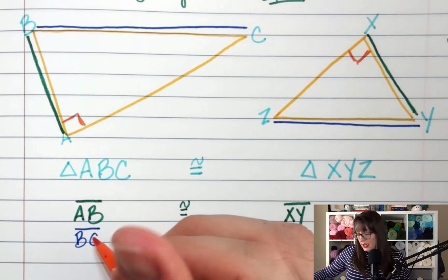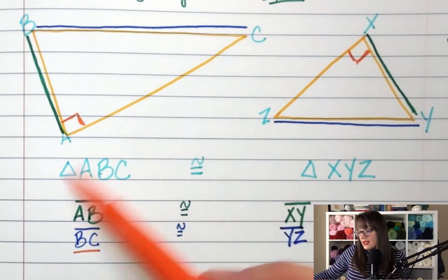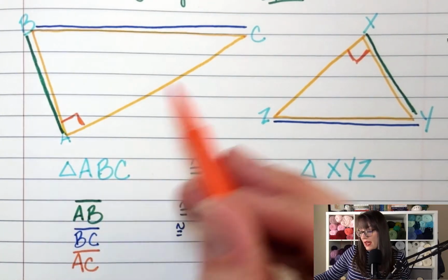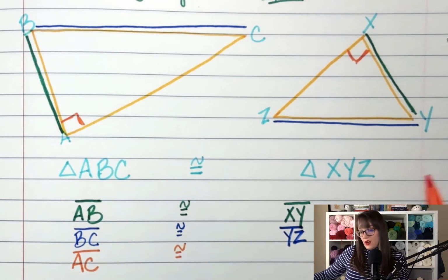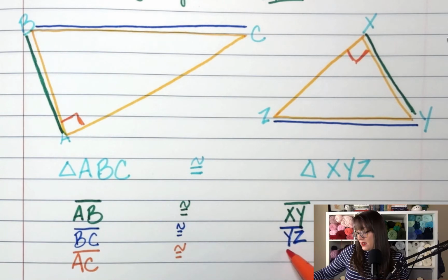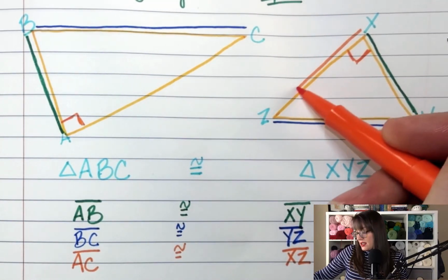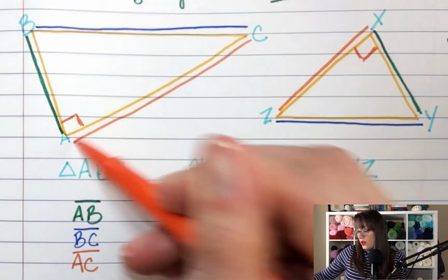All right, next one is CA, or AC, we can say AC. So line AC, from A to C, matches with what line over here? Line XZ. So XZ is going to be orange, and AC is going to be orange.